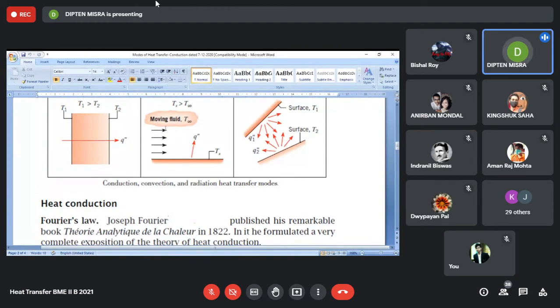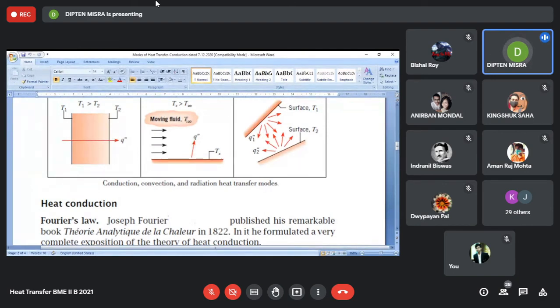That we call the free stream temperature, and the temperature of the stream closer to this will be different from the free stream temperature. And at a sufficiently away distance, you will feel a uniformly heated fluid or uniformly cold fluid moving, and the temperature will not change along the y or along this direction. That we call the free stream temperature.